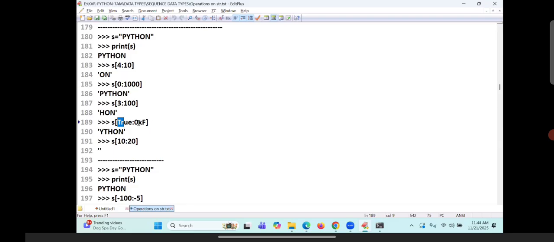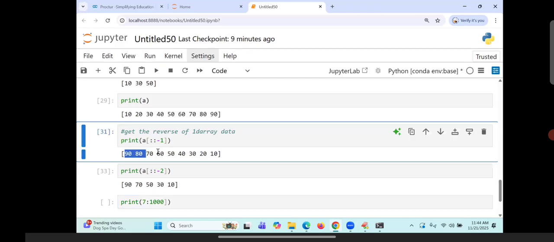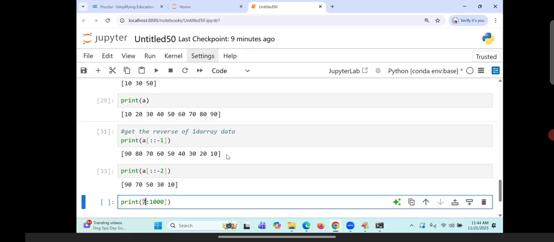Here true colon 0xF, hexadecimal, binary, everything. But 15 is not there, 100 is not there, 1000 is not there. It will take from the 7th index to the last. 0, 1, 2, 3, 4, 5, up from here, it is going to take that value.